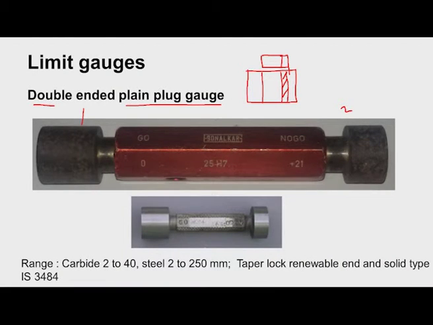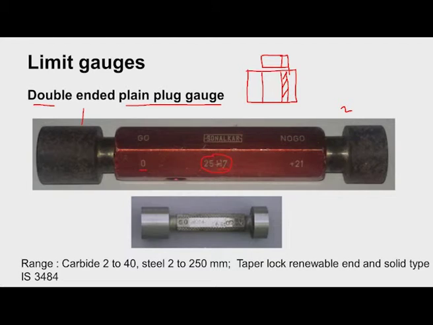Then what are the other things here? You can see this is 25H7. So, 25 is the basic size and then H7 is the tolerance. So, basic size is also mentioned on the handle of the gauge and what is the tolerance that is allowed, that is also mentioned, and actual values are also mentioned.